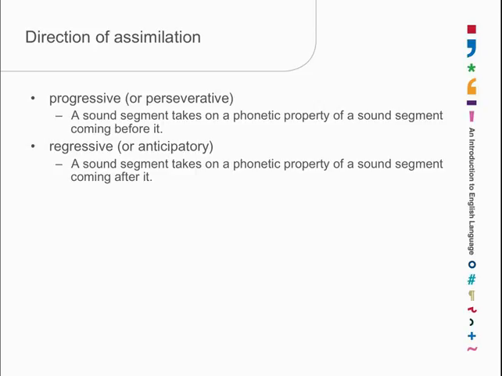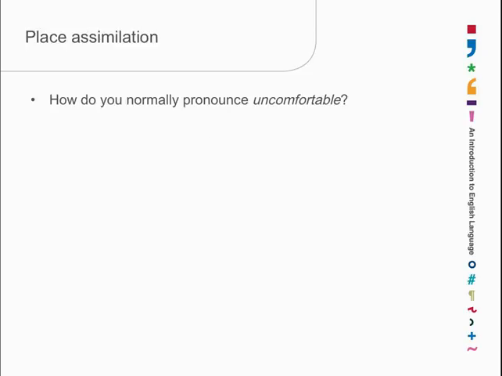We can now illustrate both of these, the different types of assimilation and the direction in which they operate. Let's start by looking at place assimilation. If you think of the word uncomfortable and pronounce it very slowly, the first consonant is N, uncomfortable. But if you pronounce it at normal speed, you'd normally say uncomfortable. What's happened here? The N phoneme is pronounced as ng.